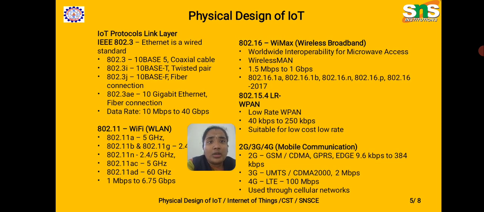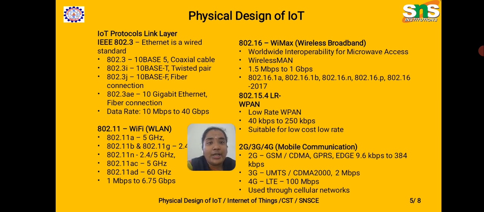The IoT protocol links: 802.3 Ethernet is a wired standard. 802.3 is 10Base5 coaxial cable, 802.3i is 10BaseT twisted pair, 802.3j is 10BaseF fiber connections, 802.3ae is 10 gigabit Ethernet fiber connections.